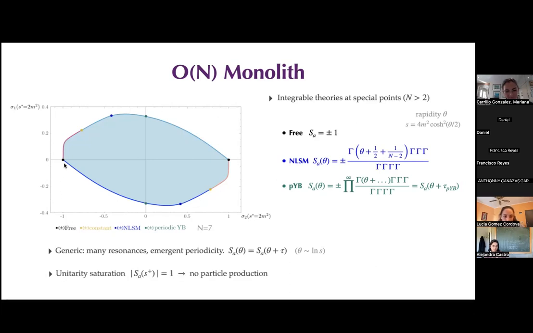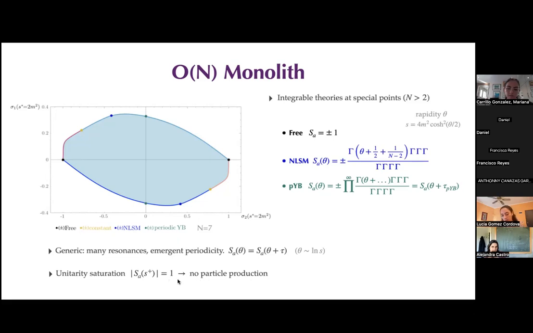And then some other generic properties: this amplitude saturates unitarity for this 2-to-2 scattering element, which means there is no particle production. You don't get 2-to-4, 2-to-6, etc. And this is okay for the integrable theories because, as I said, all these amplitudes of n to n particles you can factorize in terms of 2-to-2.